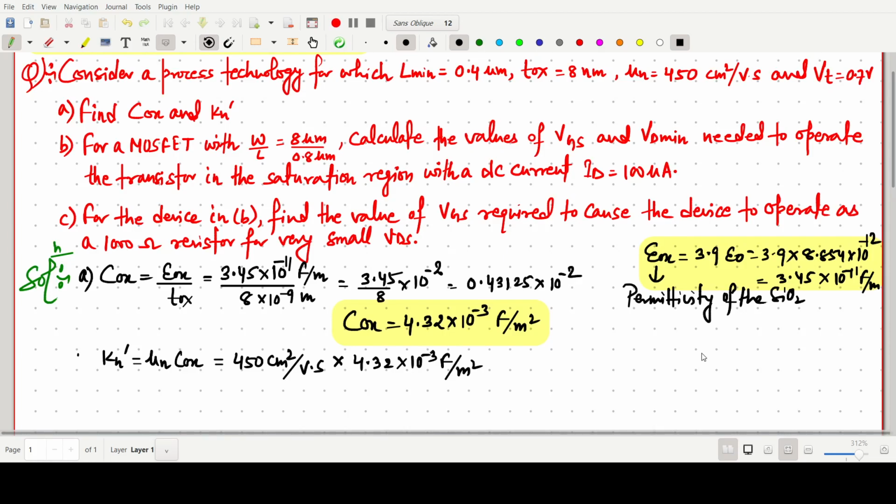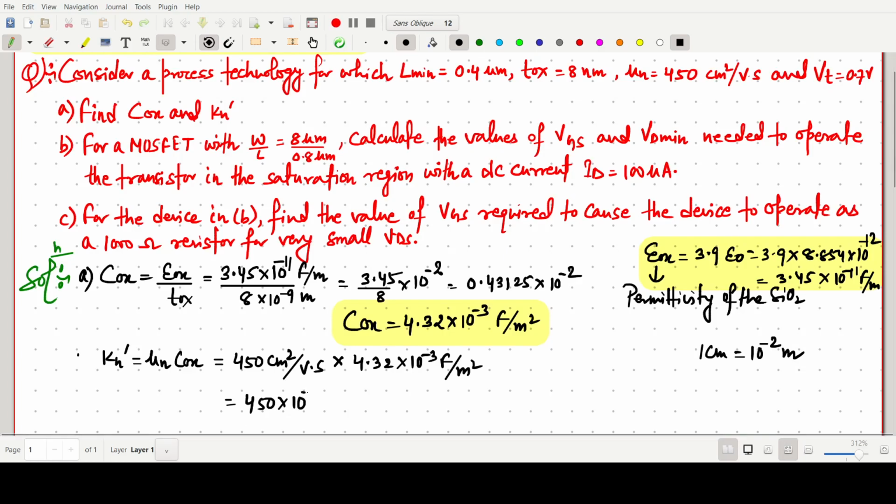One centimeter equals 10 to the power minus 2 meter, so 1 centimeter square means 10 to the power minus 4 meter square. So this can be written as 450 into 10 to the power minus 4 meter square per volt second, times 4.32 into 10 to the power minus 3 farad per meter square.